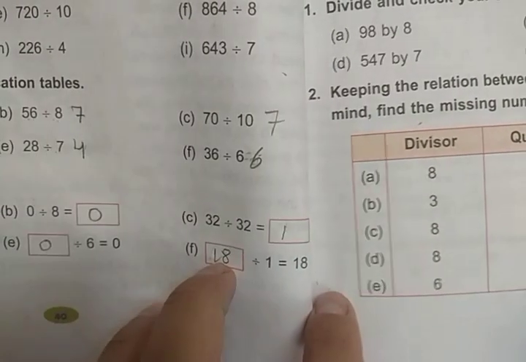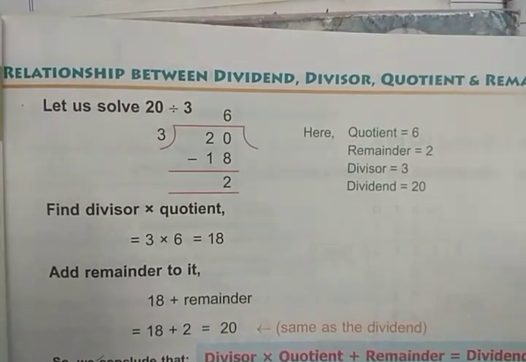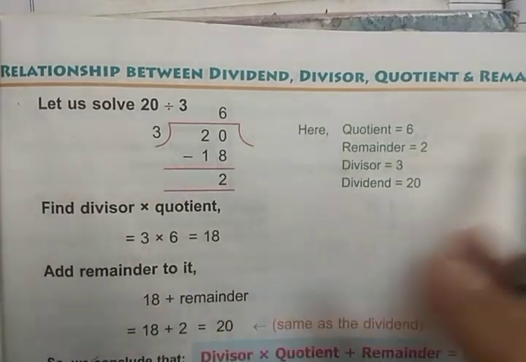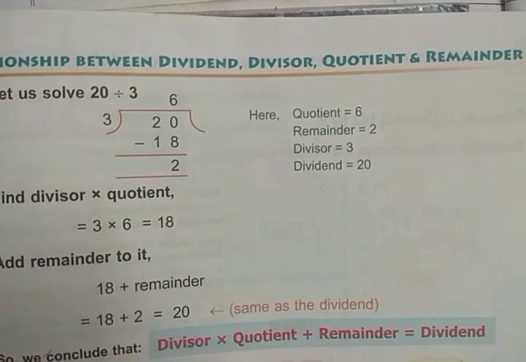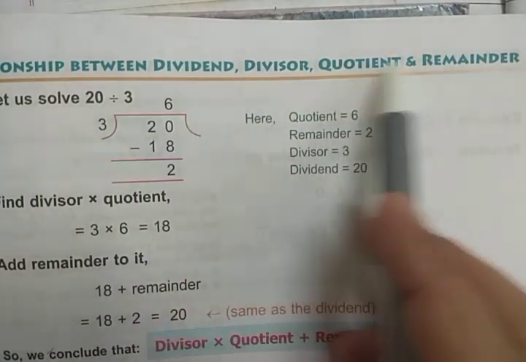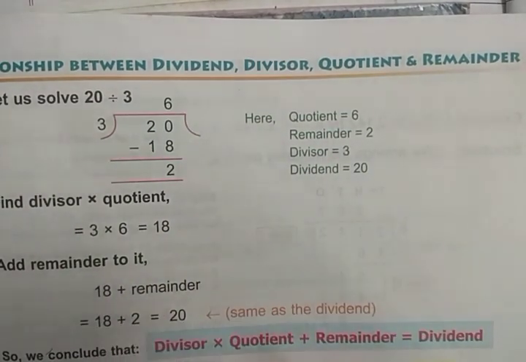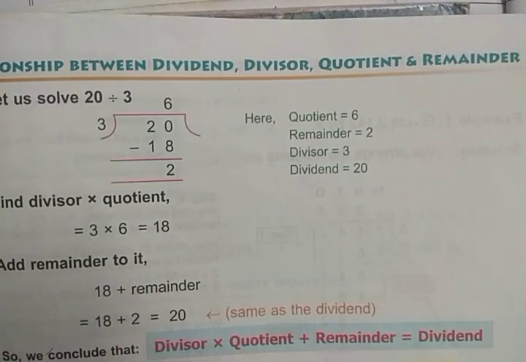Now in this class we will start something new. That means the relationship between dividend, divisor, quotient and remainder. We will try to understand what is the relationship between all these 4 things.